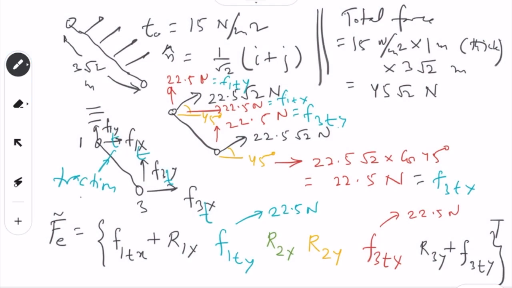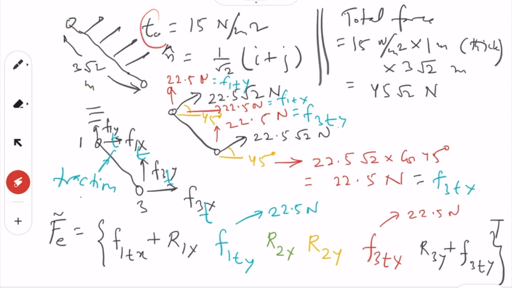Suppose we had a different T naught, varying, then we have to integrate. How do we integrate? The same way as we did for the heat transfer problem. Only thing is there we had q dot n, which was a scalar value.